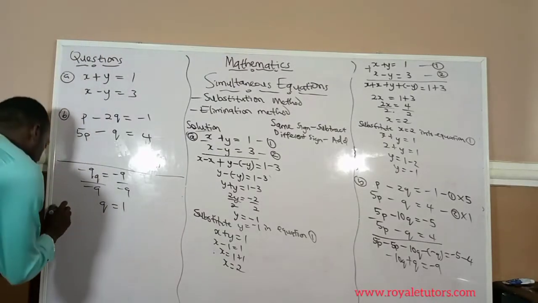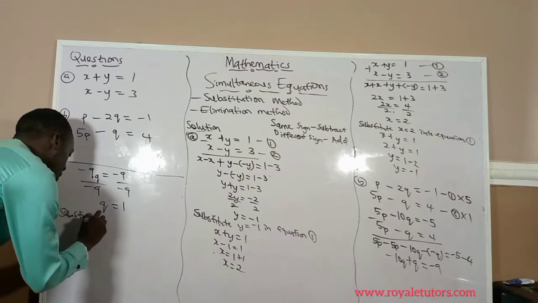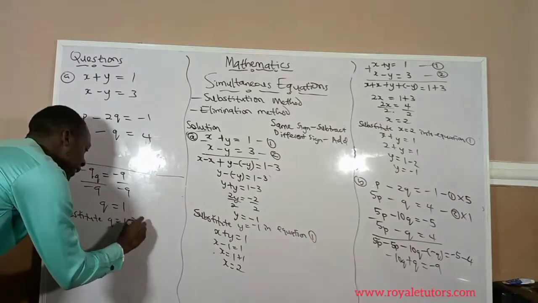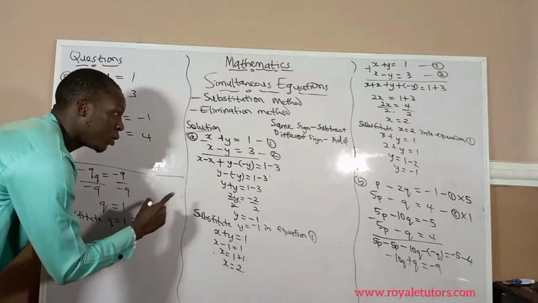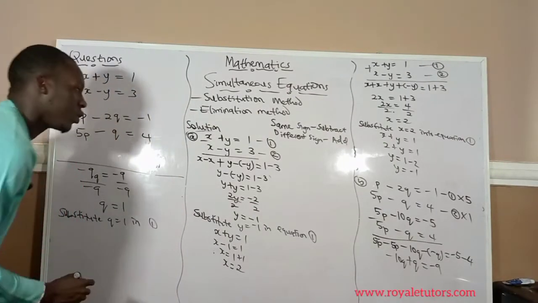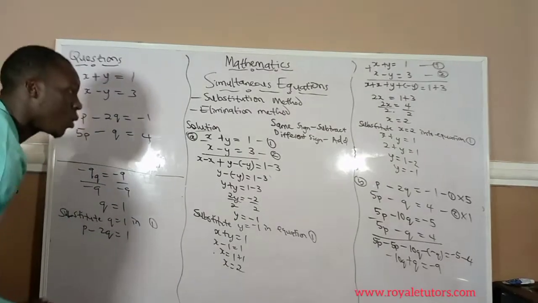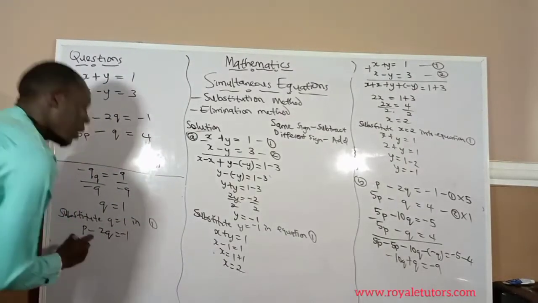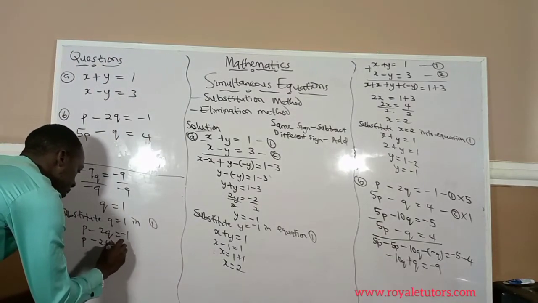If q is equal to 1, what you just have to do is substitute q is equal to 1 in equation 1. So we have p minus 2q is equal to minus 1, and then we have p minus 2 times 1 is equal to minus 1.